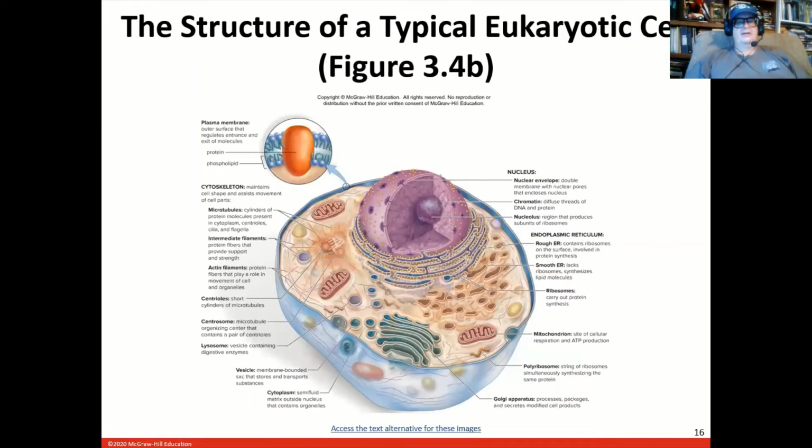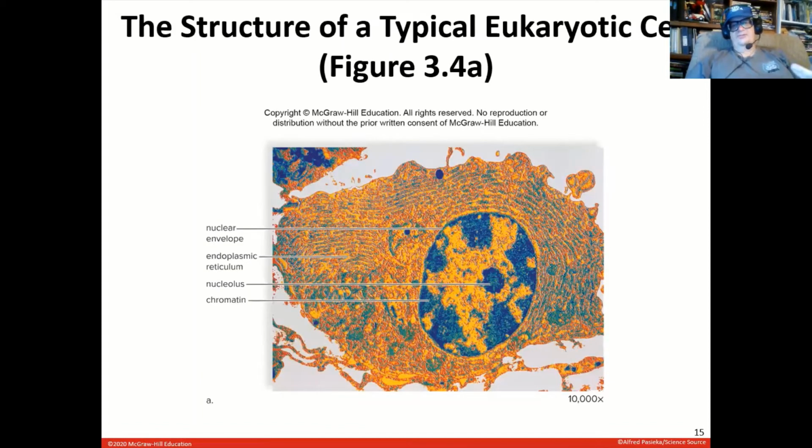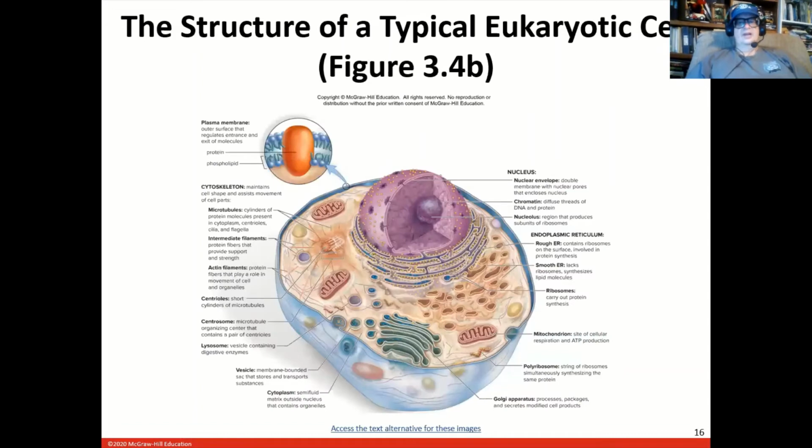Here we have a drawing. It shows more parts. You can see sometimes there's so much endoplasmic reticulum, it's hard to see other things. So here you can see other stuff. This is figure 3B. We're going to go over all these things, but this is a good high-level overview of all the stuff that you need to know.